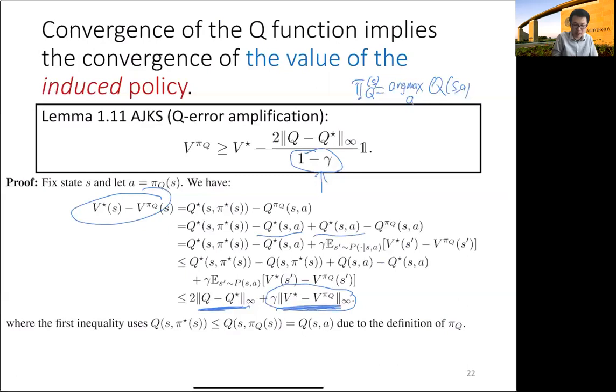So you're bounding the left-hand side using itself, and that introduces an additional factor of 1 over 1 minus gamma. I encourage you to read this proof in more detail after the lecture.